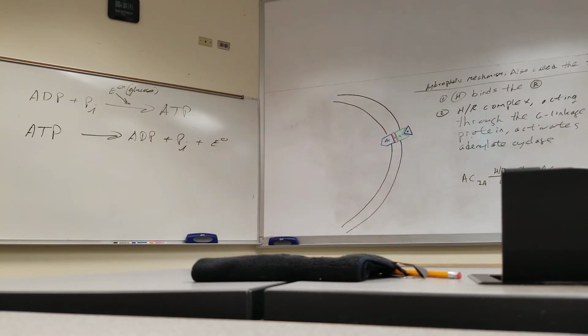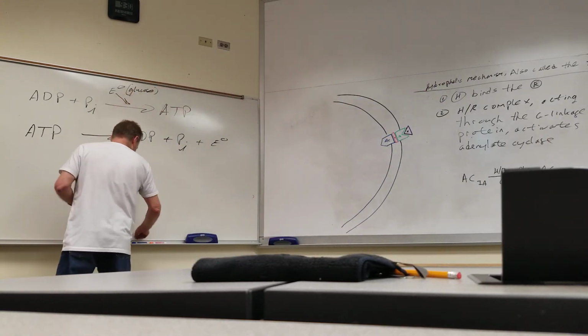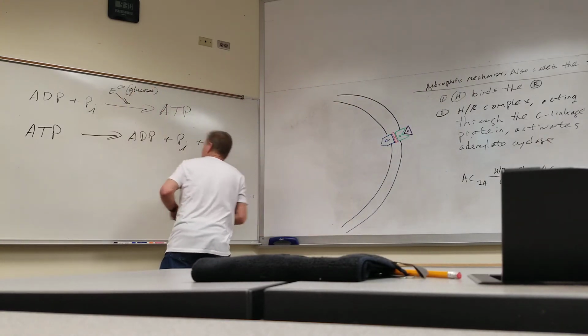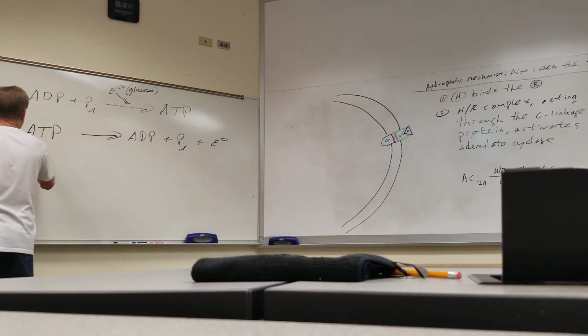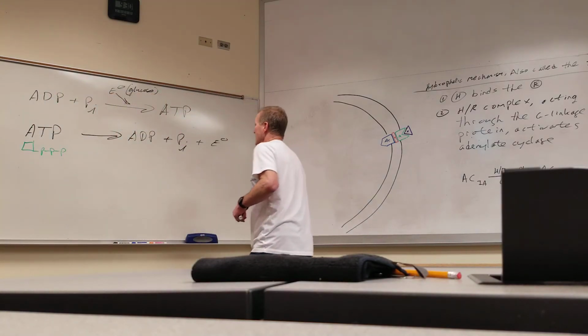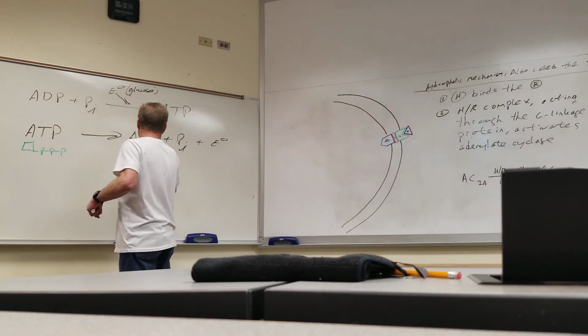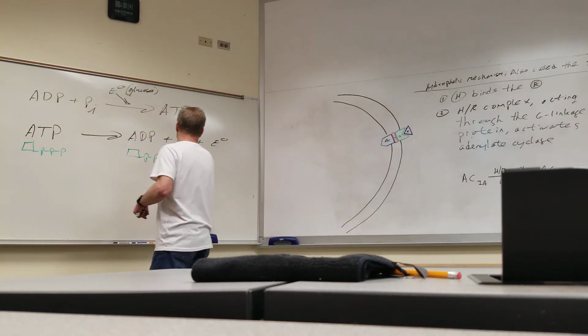Well, what we do here is a little different. If you picture this, adenosine has 3 phosphates, correct? How many phosphates do we have here? 2. So adenosine with 2 phosphates, and there's our third phosphate.